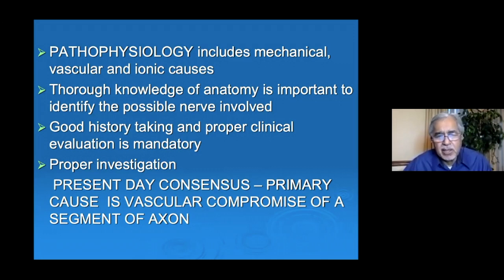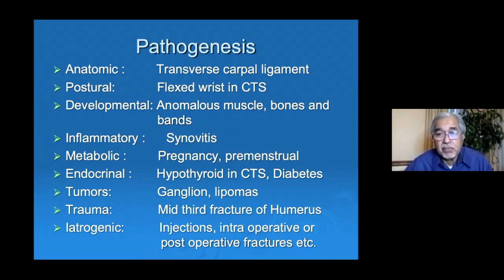Good history taking and proper clinical evaluation are mandatory. And by the way, the present consensus is that possibly the vascular compromise of a segment of the axon is the reason you have all the symptoms of compression neuropathy, period.